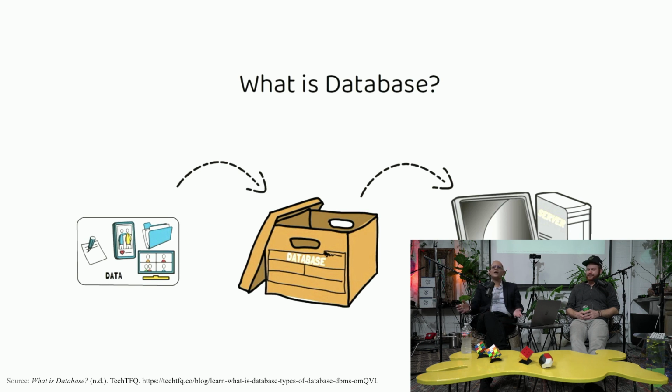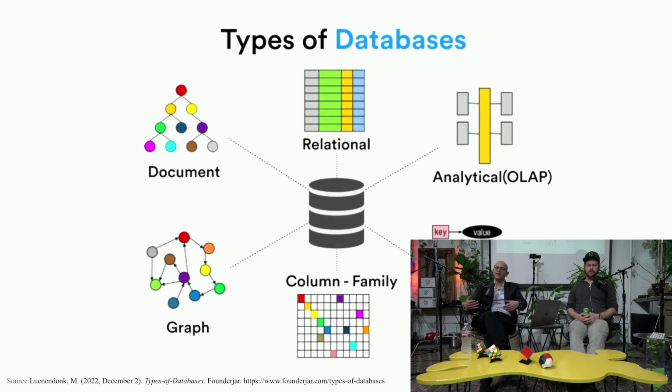So as we all know, a database is a structured collection of information, and it's like software that people use for information storage and retrieval, right? But over time, these databases started evolving into different types. So now we have document databases, we have relational databases.